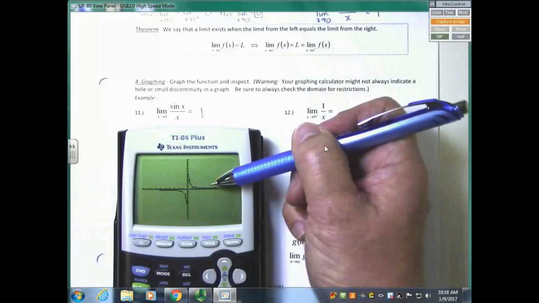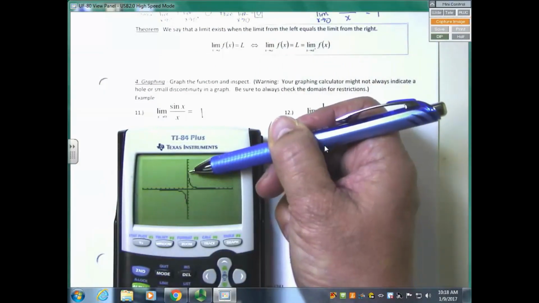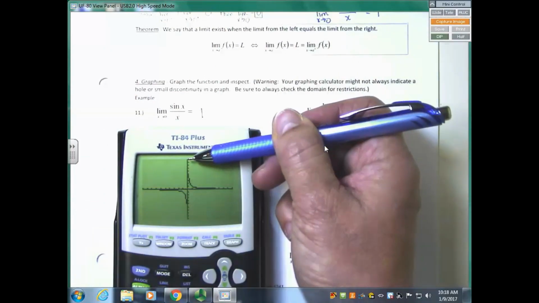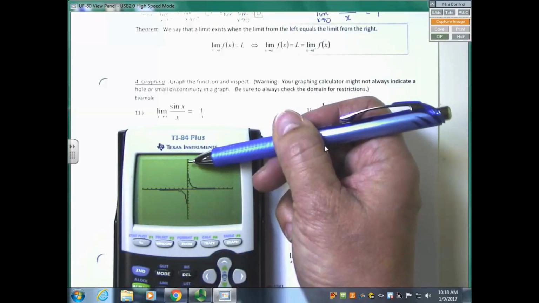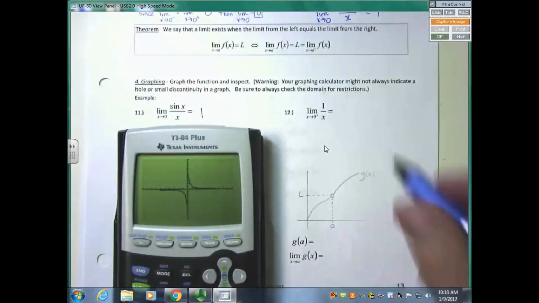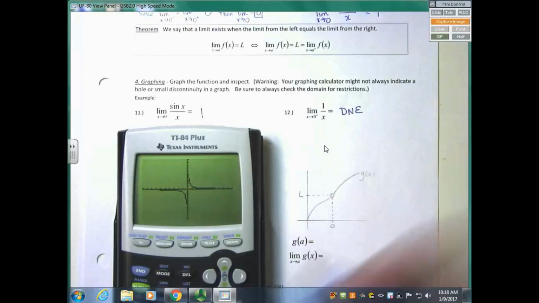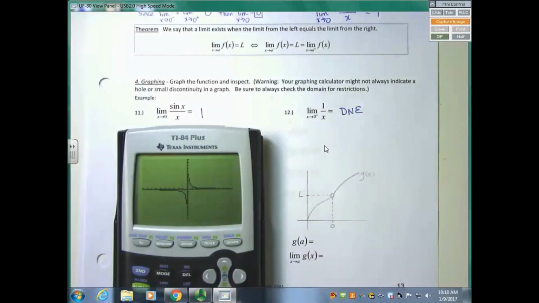As I approach 0 from the right, my y values are going to infinity. If a limit goes to infinity right now, we're going to say it does not exist, because right now for sections 1.3 and 1.4, your limit value must be a number. Infinity is not considered a number, so if it's infinity, you're going to use does not exist.